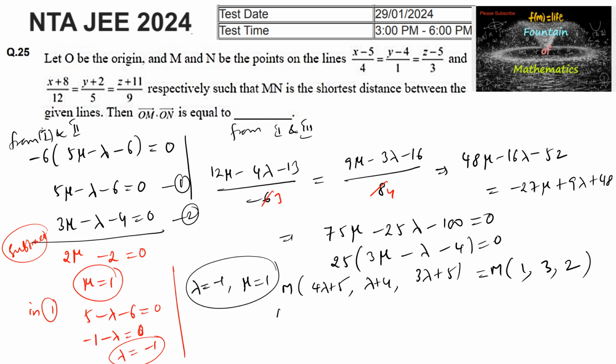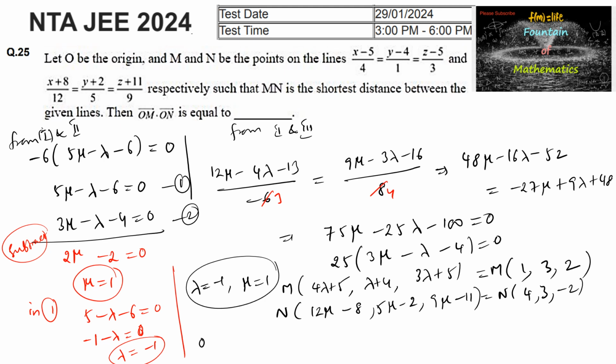And similarly the point N is 12 times mu minus 8, 5 times mu minus 2, minus 9 times mu minus 11. Mu value is 1, so 12 minus 8 is 4, and 5 minus 2 is 3, and 9 minus 11 is minus 2. So we got these points M and N.